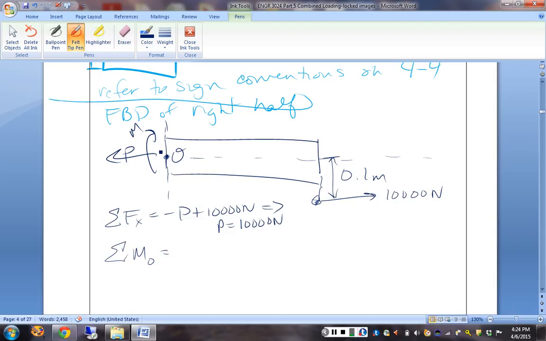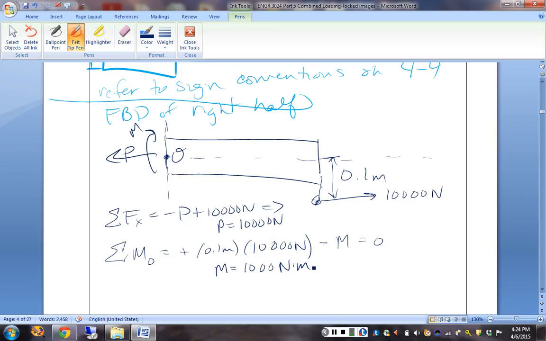So that applied force is a plus 0.1 meters times 10,000 newtons. And then what else do we have? We have our internal moment, and that one's drawn globally as a minus M. So that tells us that our internal moment is 1,000 Newton meters.